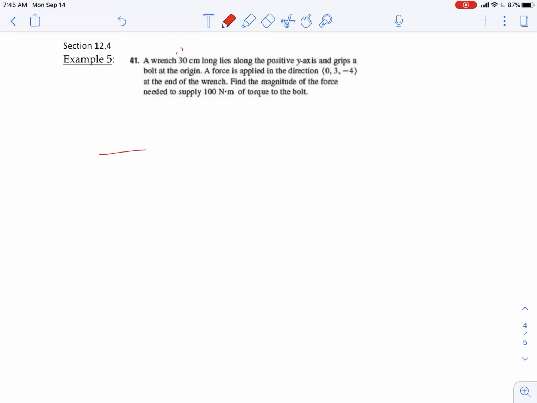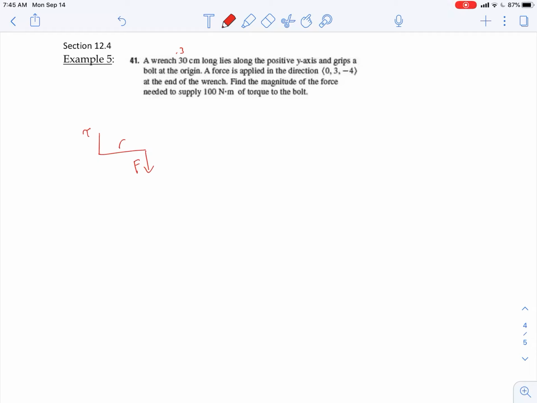And so to go from centimeters to meters, it's just going to be 0.3. All right, so our wrench is 0.3 meters long. So what we need to find is, okay, what is this r right here? All right, and then we also have our force acting upon it, and then we have our bolt, which is going to help produce our tau, our torque.